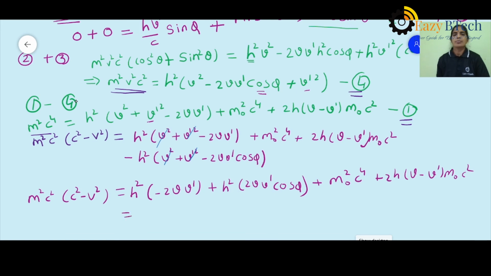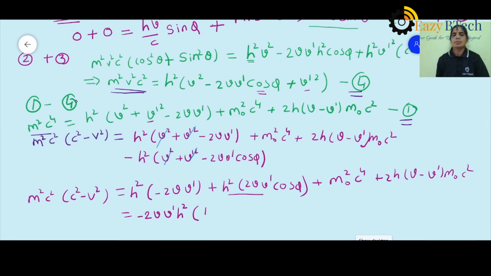Now I am going to take 2 mu prime h square as common. So this becomes 2 mu prime h square as common, I'll take with a negative sign.